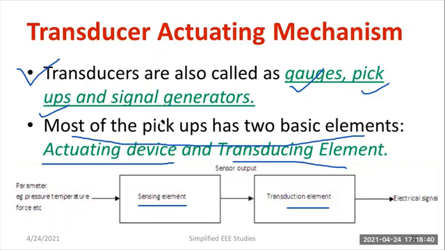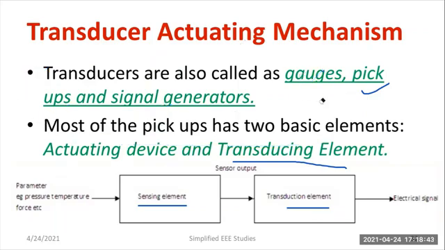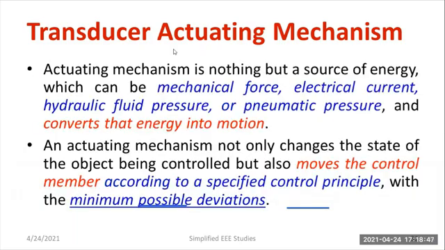First, let us understand what an actuating mechanism is. Moving on to the definition of actuating mechanism. The actuating mechanism is nothing but a source of energy, which can be mechanical force, electrical current, hydraulic fluid pressure, or pneumatic pressure, and it converts that energy into motion.